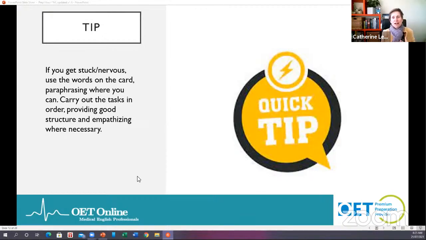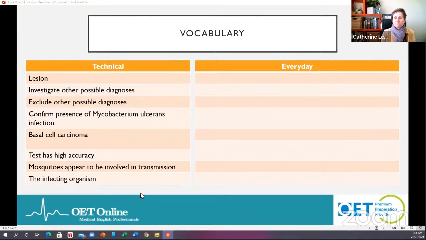You would work through the tasks in order, hopefully still using phrases that help give good structure to the role play and empathizing where necessary. But if you really can't think of other words to get through it, use the role play to guide you. Use those words until you get the confidence and the ability to put things into your own words.